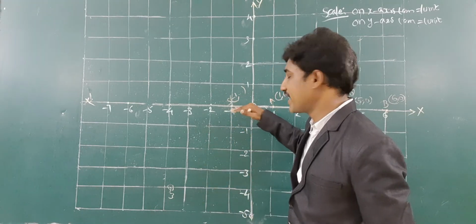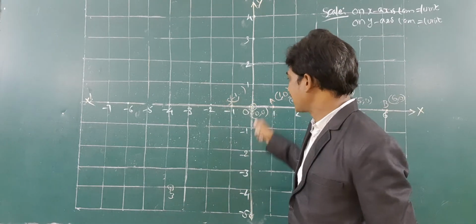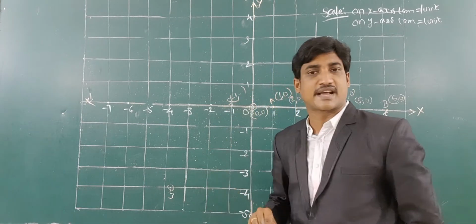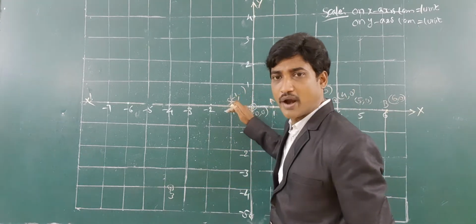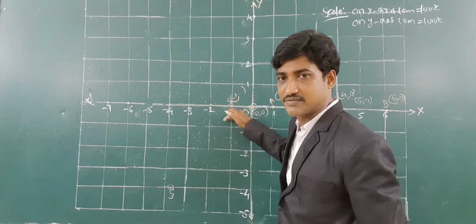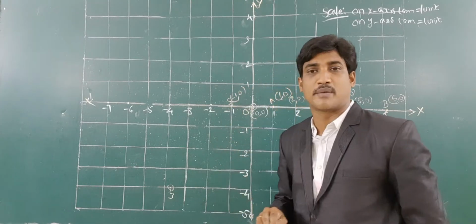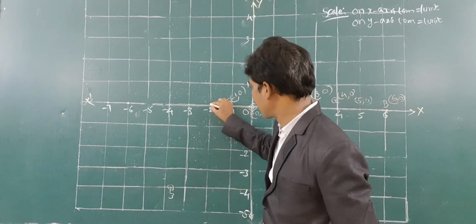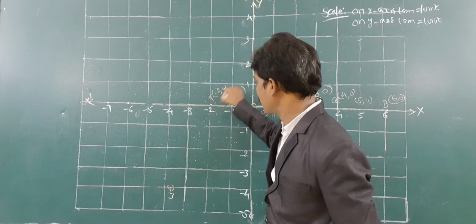Y coordinate: the perpendicular distance from the x-axis to the point is called the y coordinate. As this point S is on the x-axis, the distance from x-axis to x-axis is 0. So (-1, 0). In the same way, here at -2, let me take this point as T, (-2, 0).